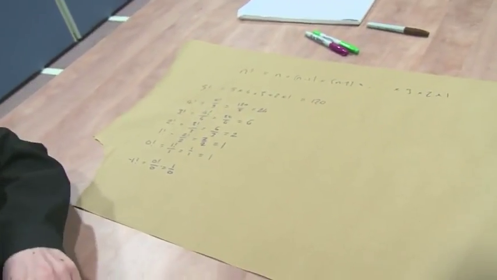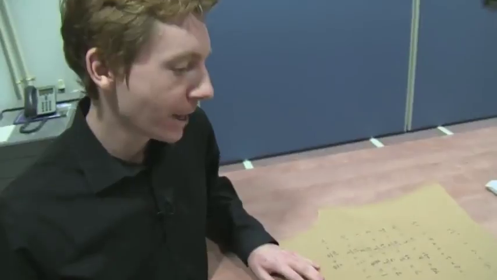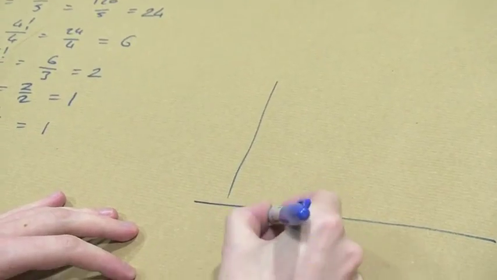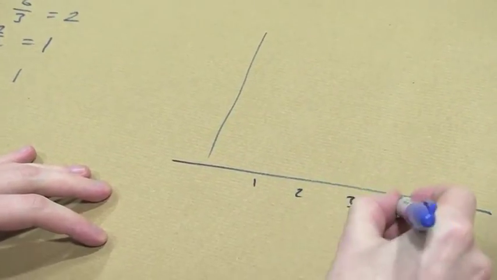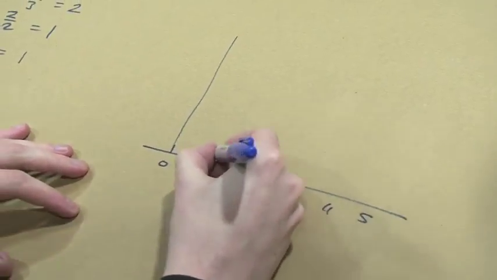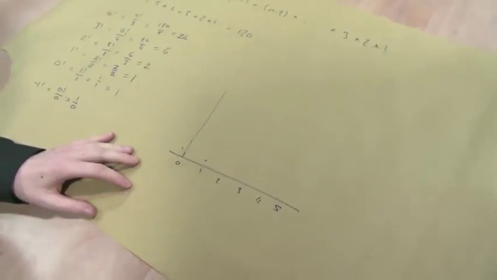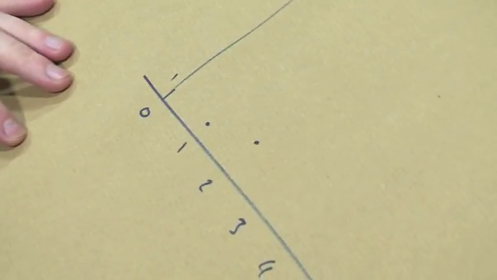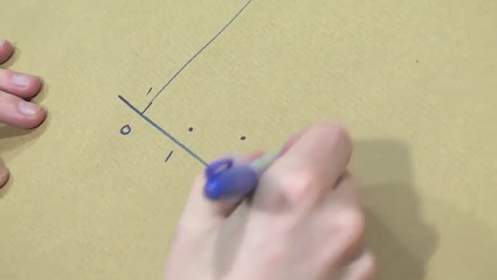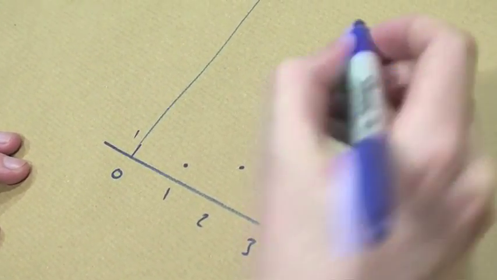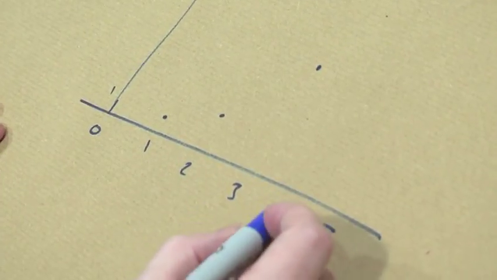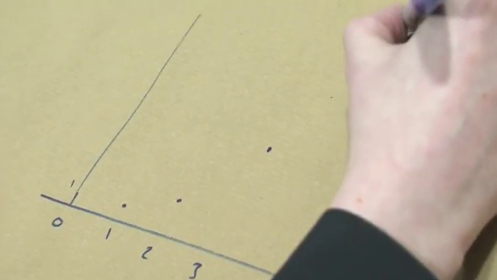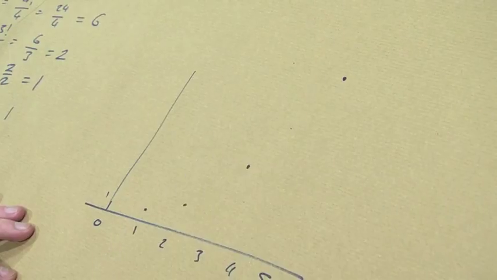Just to continue the idea just a little bit further, if we're talking about factorials, let's try and graph them. So let's have 1, 2, 3, 4, 5. 1 factorial is 1, so if we call that 1. 2 factorial is 2, so it's somewhere about here. 3 factorial is 6, somewhere like this. 4 factorial is 24, so that's going to be quite high up here.